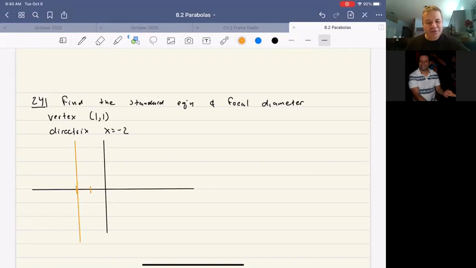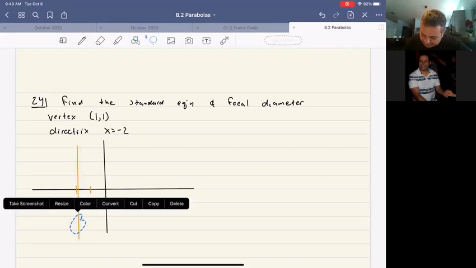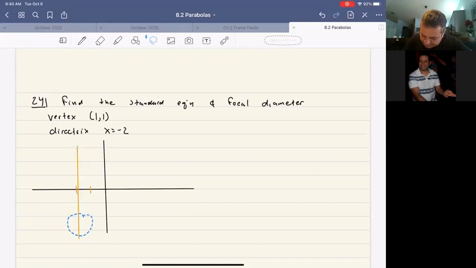Let me try that again, and because it bothers me, I'm going to move it a little. There we go. Now my vertex is what I'm given: here at (1, 1). Not (1, 0), but (1, 1).